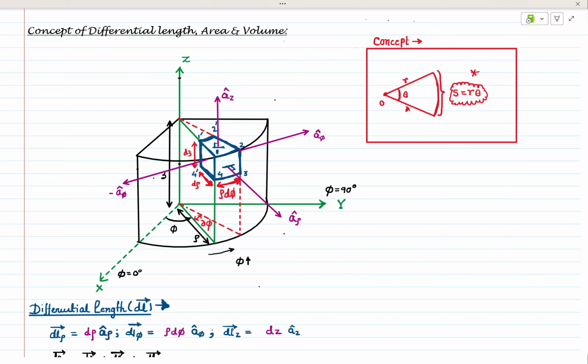So if we consider the 1, 2, 3, 4 area, the direction will be in the direction of a rho.